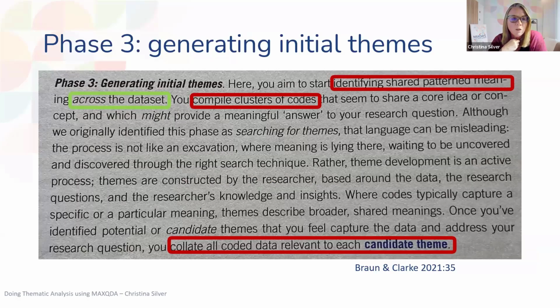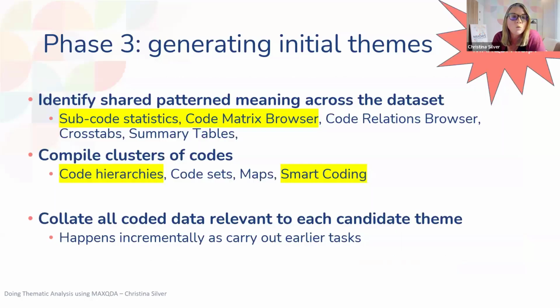So here what we're doing is we're looking across the whole data set again, that's the green highlight, and we're looking to identify shared patterns of meaning in those codes in order to start to group the codes together into themes. And they talk quite extensively here about that. So I just want to show you a few tools that we have at our disposal to help us to do that.